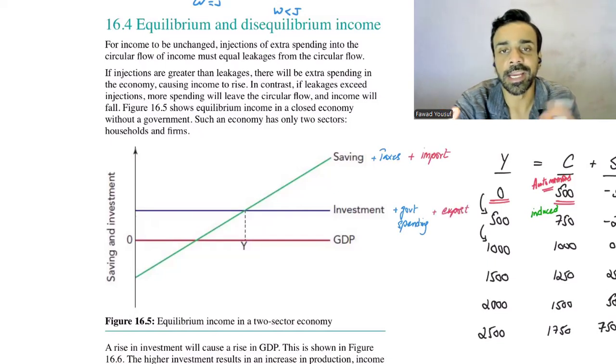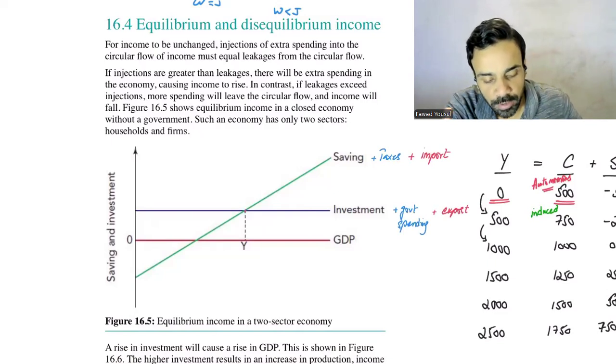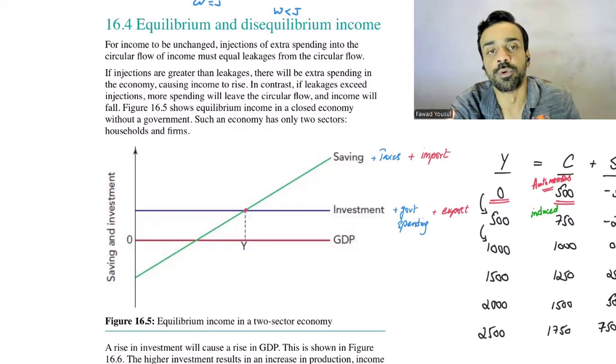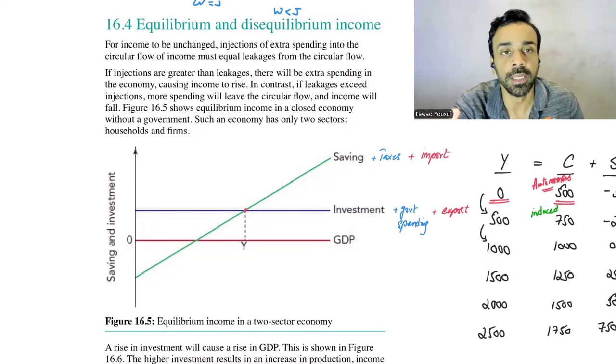So इस तरीके से S+T+M और I+G+X जहां intersect करते हैं, this becomes a four sector open economy.